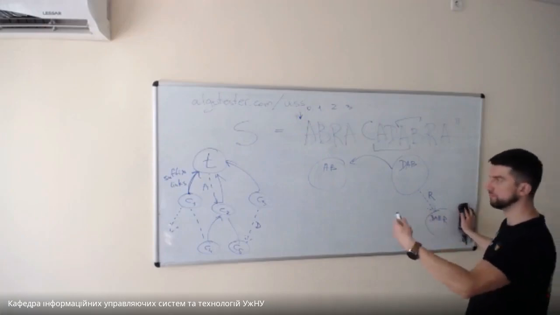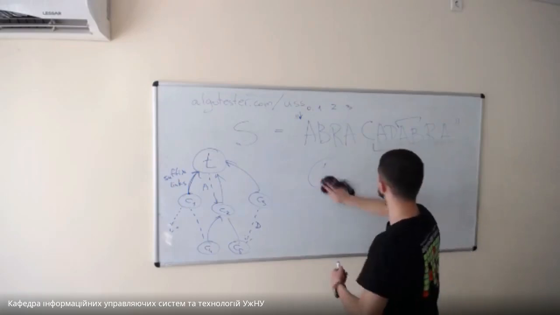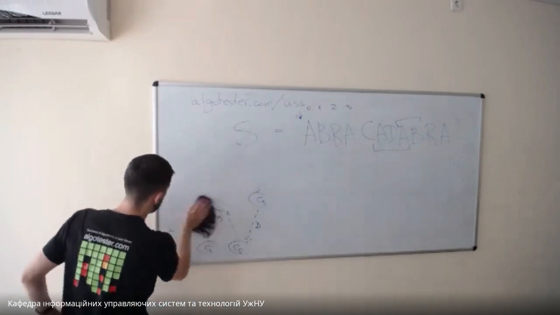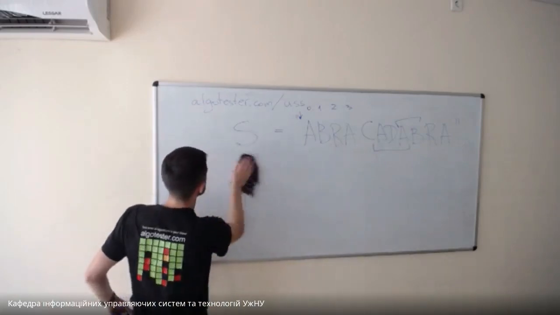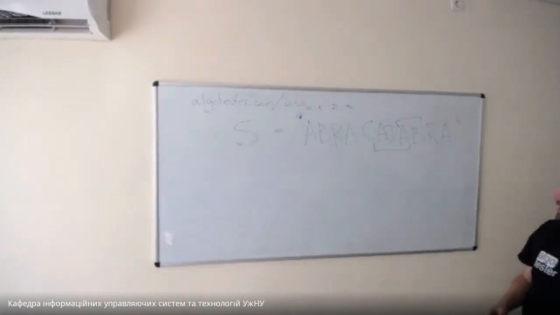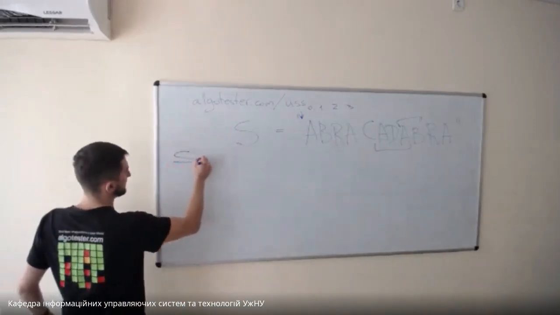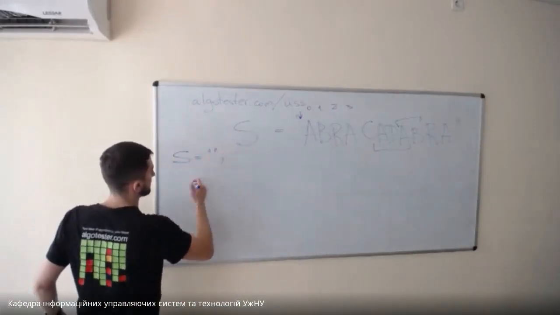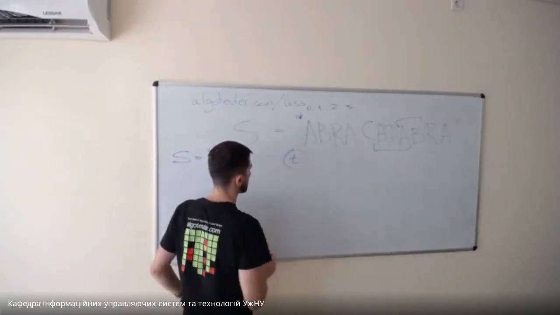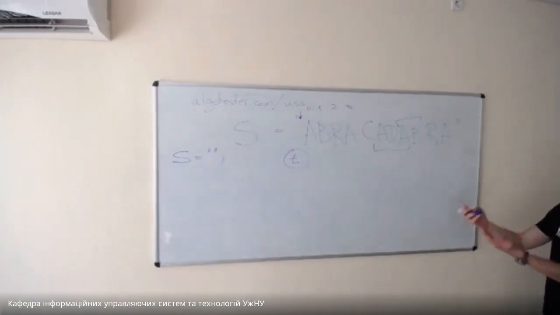So we will modify our suffix automaton in online mode. Initially, our string is empty, and we have just one vertex in the suffix automaton, which is the initial state t.